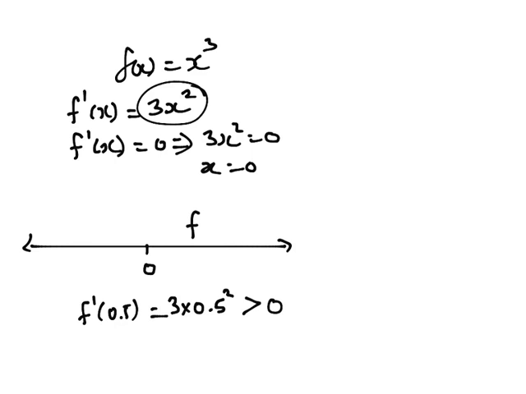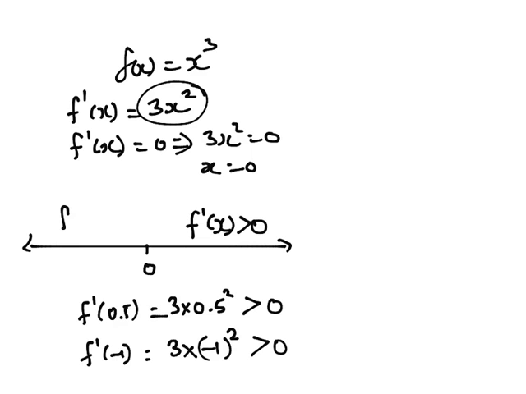So here f dash of x will definitely be positive after 0. Let me take a value less than 0. Normally you should take a value close to 0, but this time let me take minus 1. So f dash of minus 1 is 3 into minus 1 whole square, again positive.